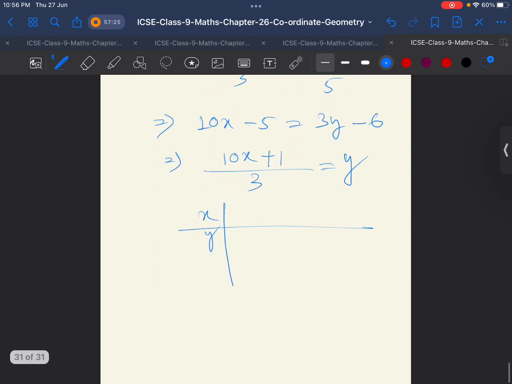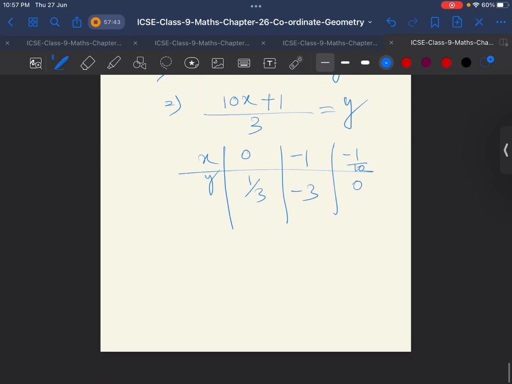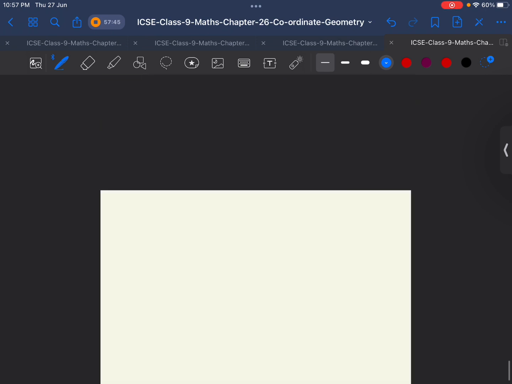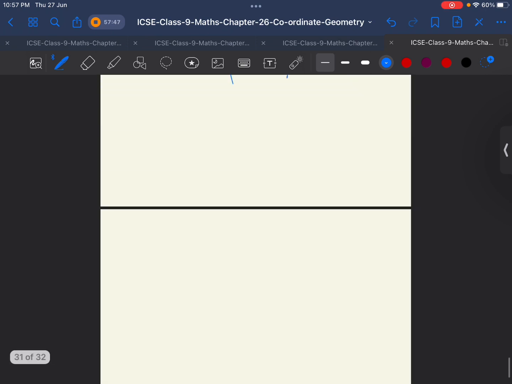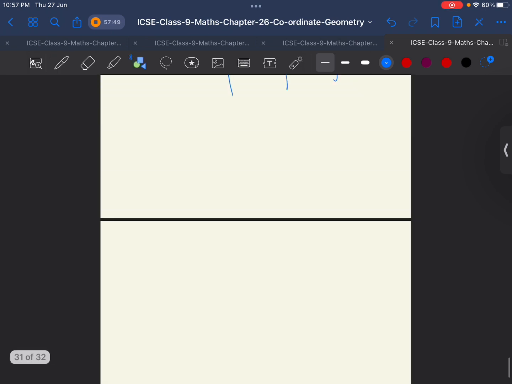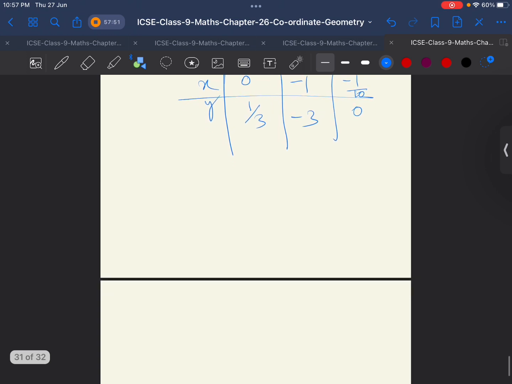So the table is here. When x = 0, y = 1/3; x = -1, y = -3. So here 1/10, -1/10, then y = 0. Okay, now we draw the graph.